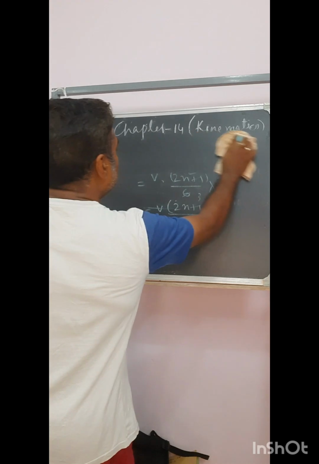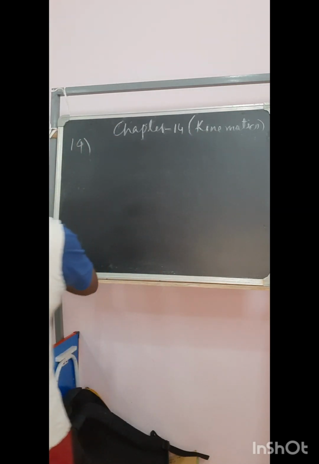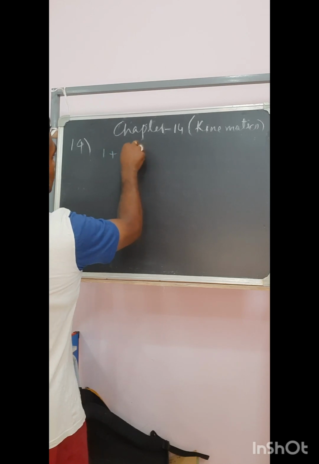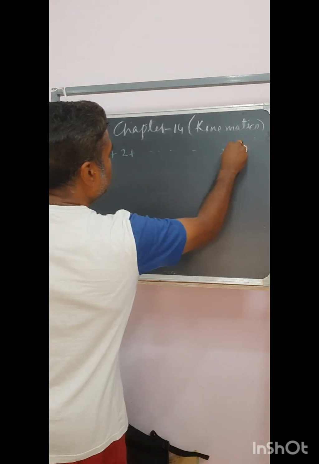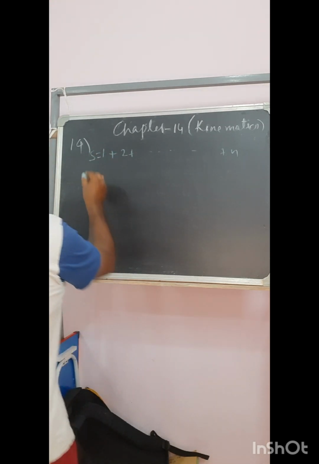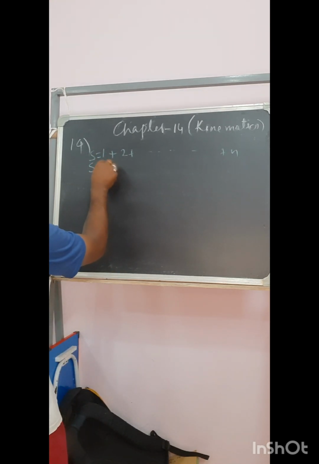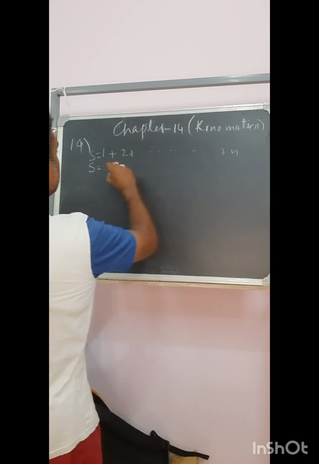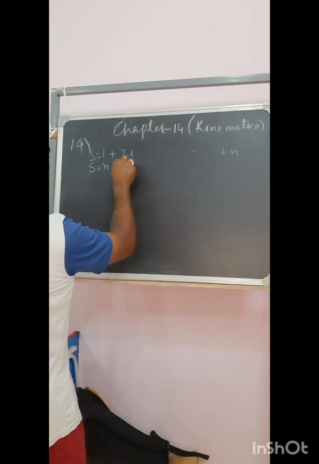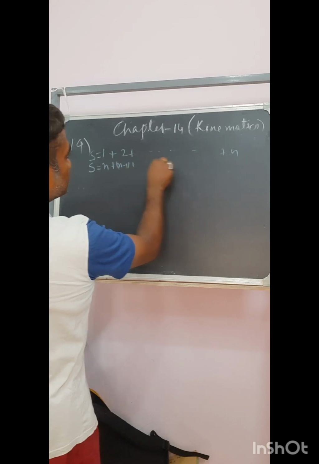Now let me show you how the series comes. First the natural series 1 plus 2 plus up to n. I assume the sum of this to be equal to S. Now I will write it again, reversing the terms from the backward, starting with the last term.